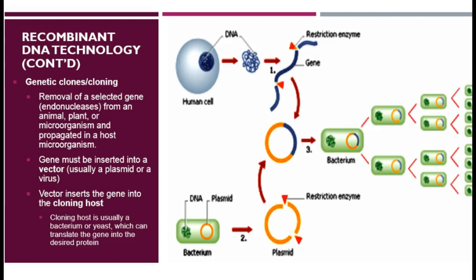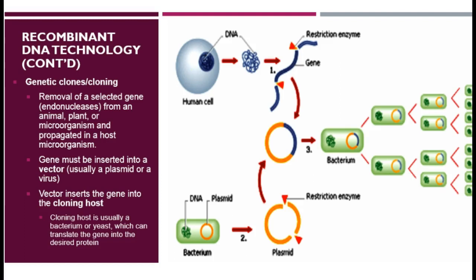We're going to use restriction enzymes, the same restriction enzymes, to cut both pieces of DNA. This gives us matching sticky ends so that those two pieces of cut DNA will match up when we combine them.